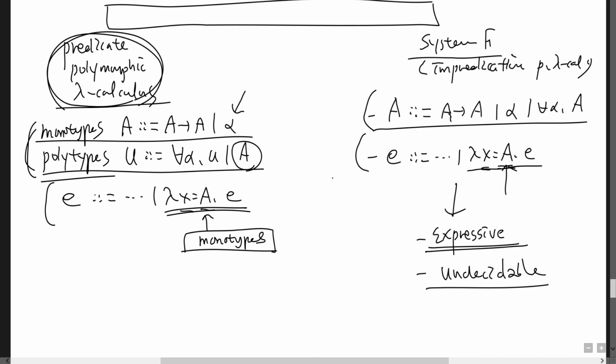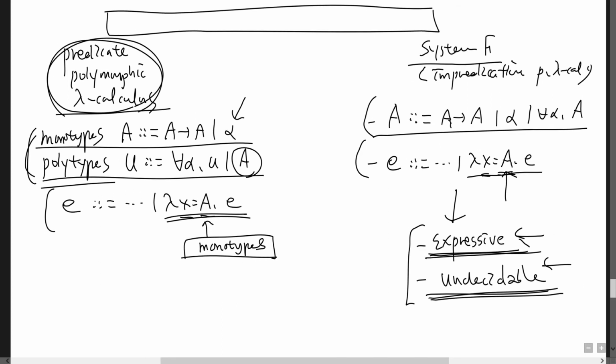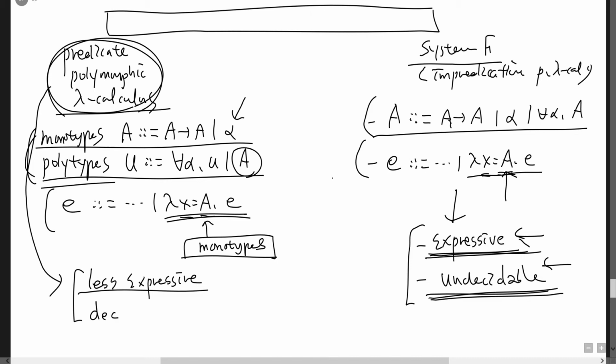So it is very powerful, but it's not quite practical because the type reconstruction is undecidable. On the other hand, the predicative polymorphic lambda calculus has precisely the opposite properties. It is much less expressive, but it regains the decidability of type reconstruction. So it is decidable, which is good, but it's less expressive.